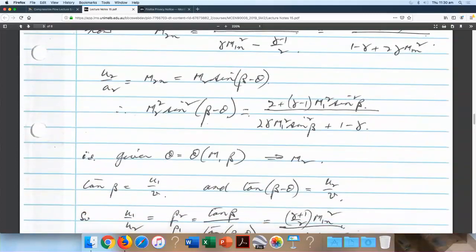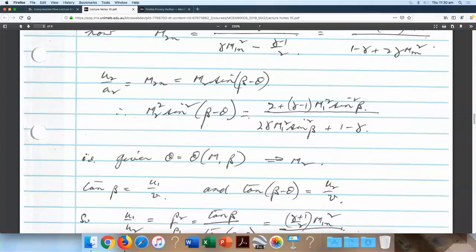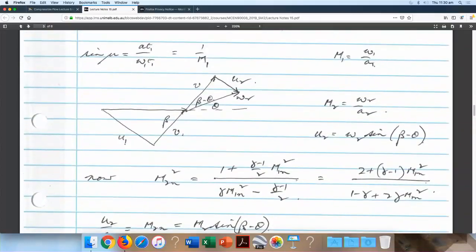So how do I use it? Well, perhaps I've got to go back here to my figure. So U2 over V is the tan of beta minus theta, and U1 over the same V is the tan of beta. So how can I use that?